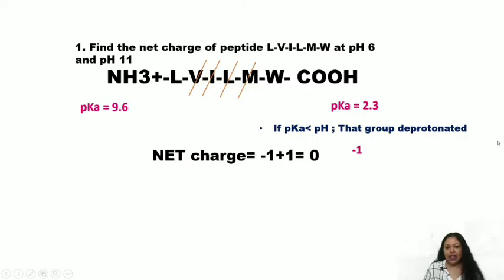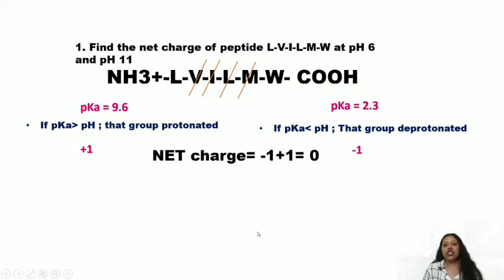A deprotonated carboxyl group will impart a -1 charge. Now coming to the NH3 plus group, its pKa is higher than the given pH, meaning it will love its proton, so it will be in protonated form, and a protonated amine means +1.